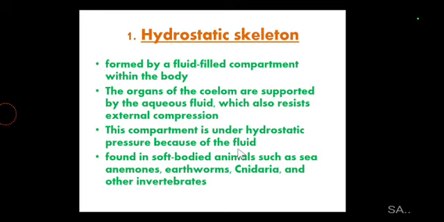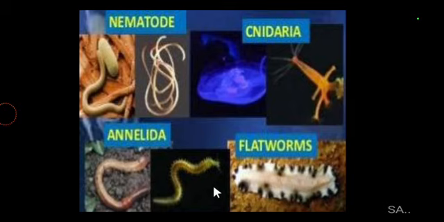Now you'll see in which particular animals it is found. The hydrostatic skeleton is found in soft-bodied animals. They are soft-bodied just because of this hydrostatic skeleton. Which types of animals possess it? Sea animals, earthworm, Cnidaria, and other invertebrates have got hydrostats. You can get the idea with the help of the pictures of the animals. So nematodes, the roundworms, are there.